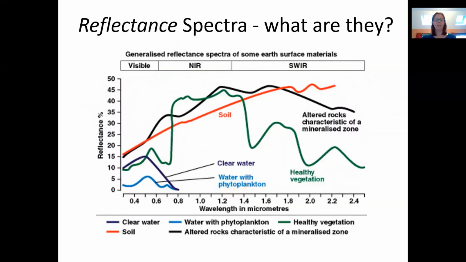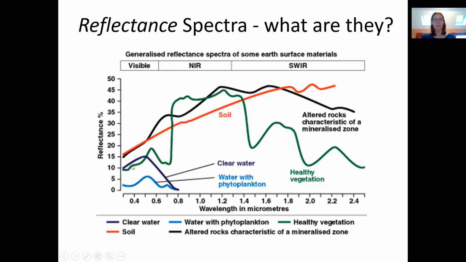Well, that brings up these spectra for you to look at. Here's the visible spectrum down here, this is what we can see. Everything out here is stuff that our eye cannot see, but remote sensors have been built to see all of these wavelengths. This green one is vegetation.